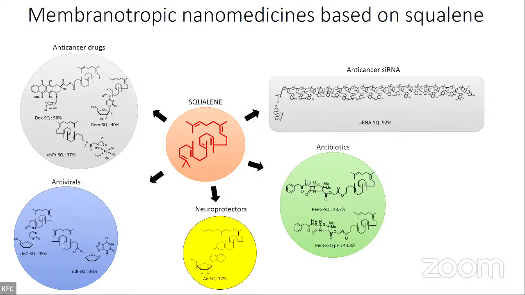Then you covalently conjugate different substances to squalene, for example anti-cancer drugs, antivirals, neuroprotectors, antibiotics, or even small interfering RNA. Then you get a hydrophobic tail and a hydrophilic head.